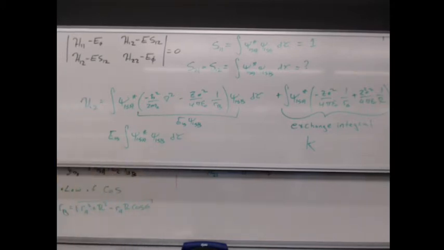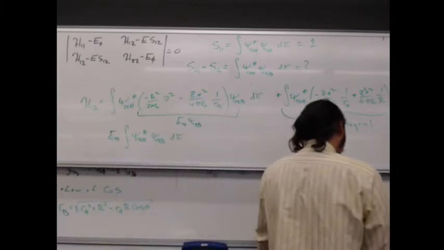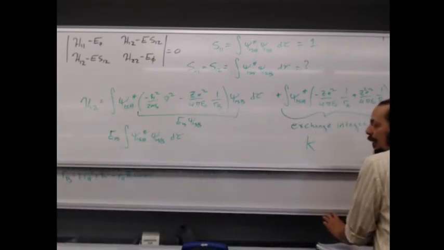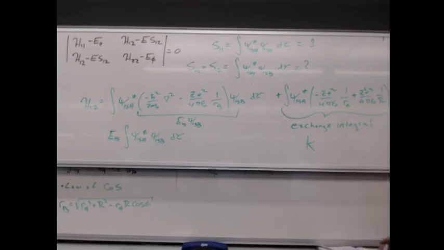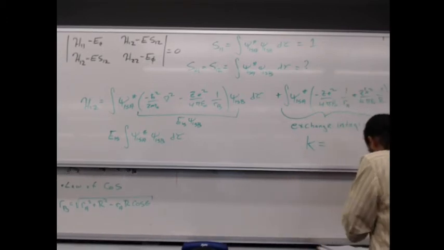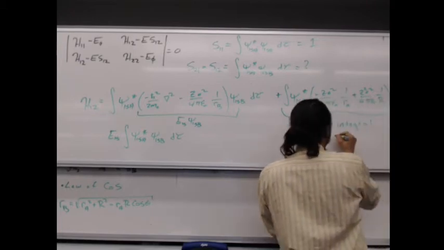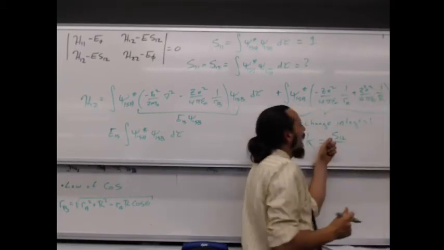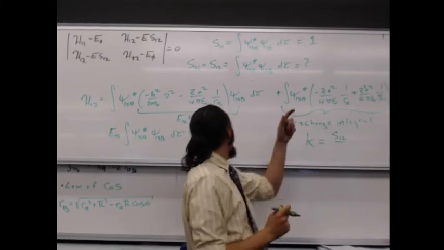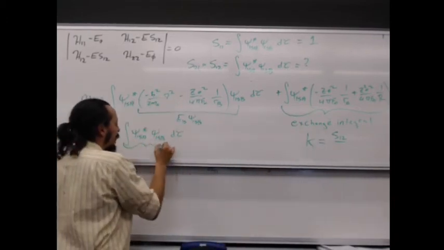exchange integral. And this integral has a solution just like the other part. So again, if we do all those math tricks, we're going to get something. It's going to have this S12 in it, just like this has an S12 in it.